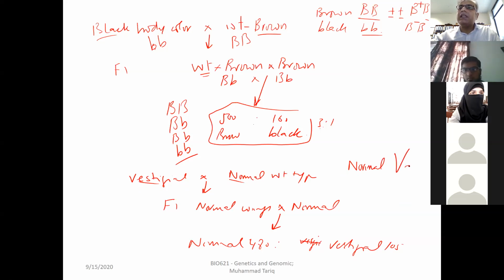Okay, so normal wings, let's say capital VG, and vestigial is small vg because it's recessive. So you add up these things.